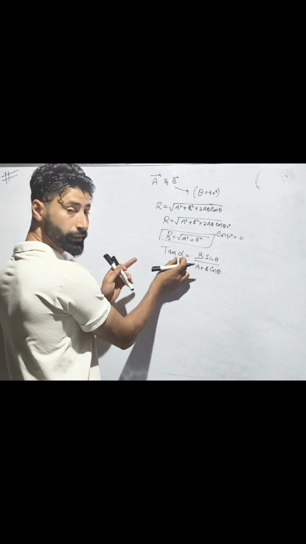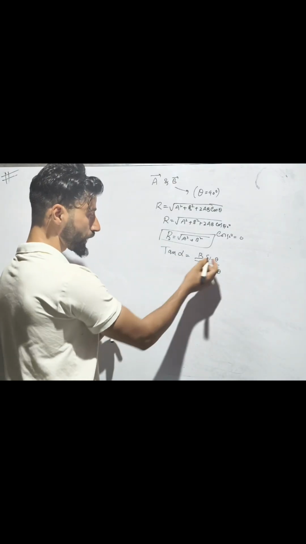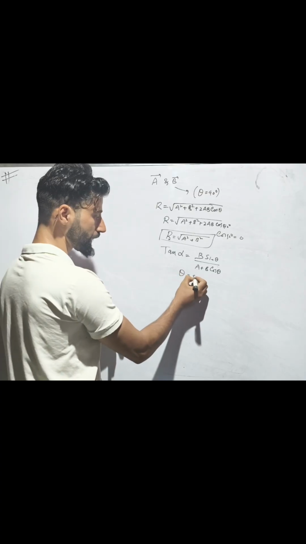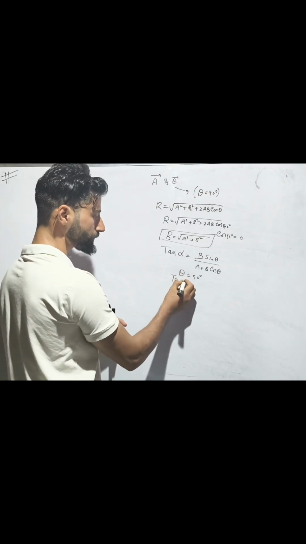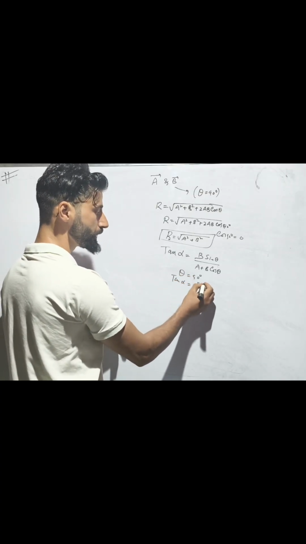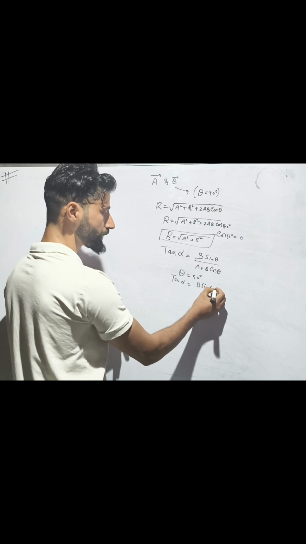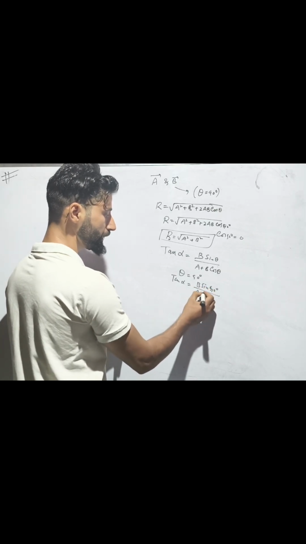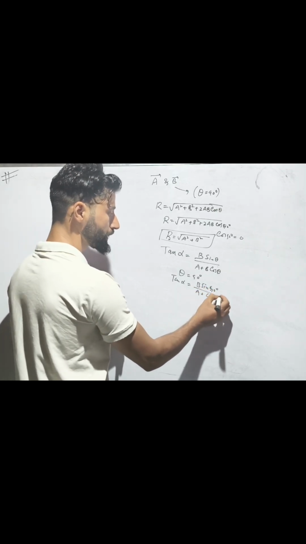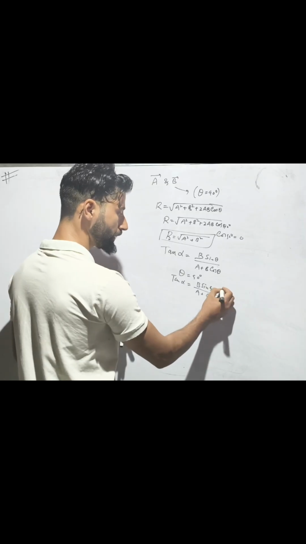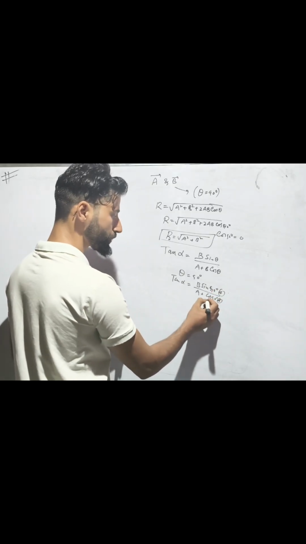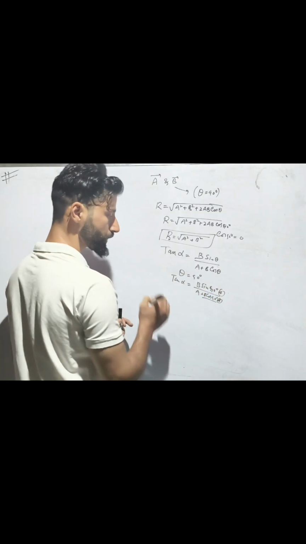But this is the angle it makes with the vector a. Since theta is equal to 90 degrees, I can write tan of alpha equal to b sine of 90 degrees divided by a plus b cos of 90. Since sine 90 is equal to 1 and cos 90 is equal to 0, this term will be equal to 0.